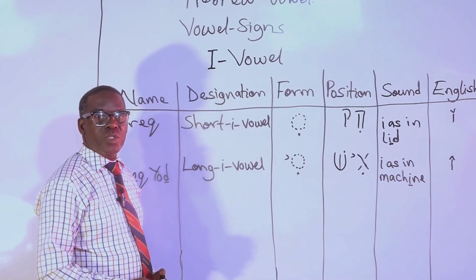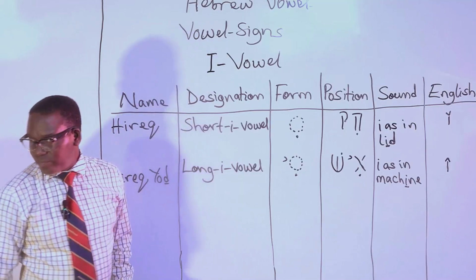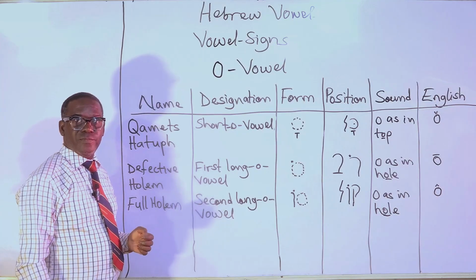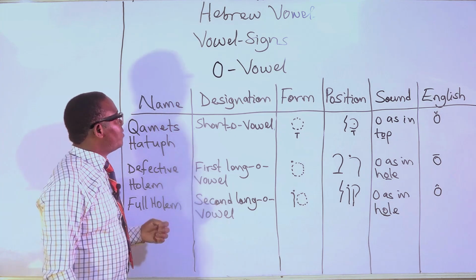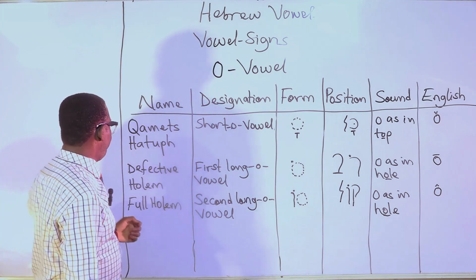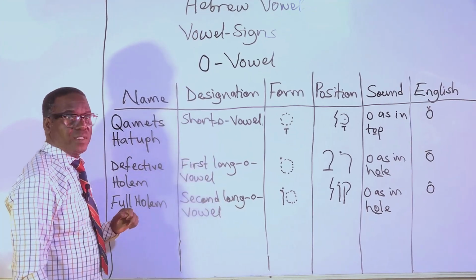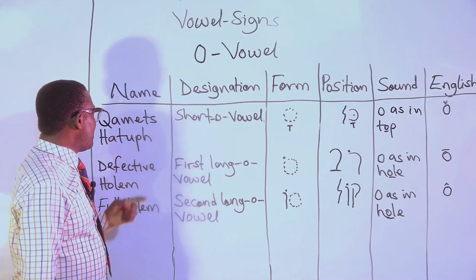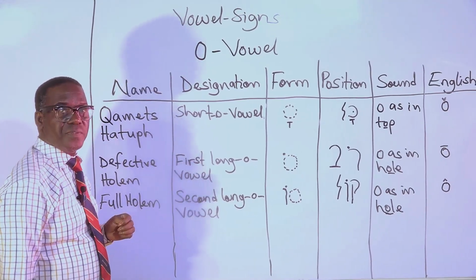Now we go to the O vowel in Hebrew. We have three in O vowel. The first one is kamet atuf.